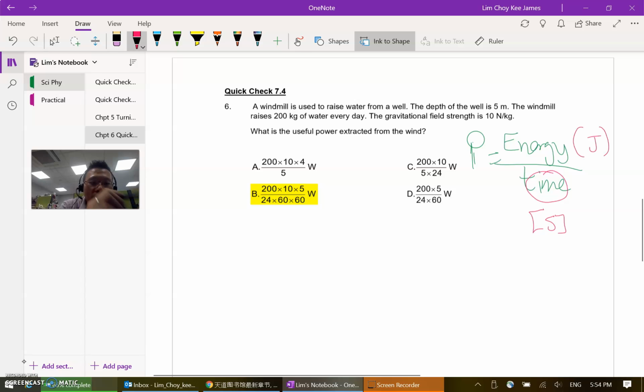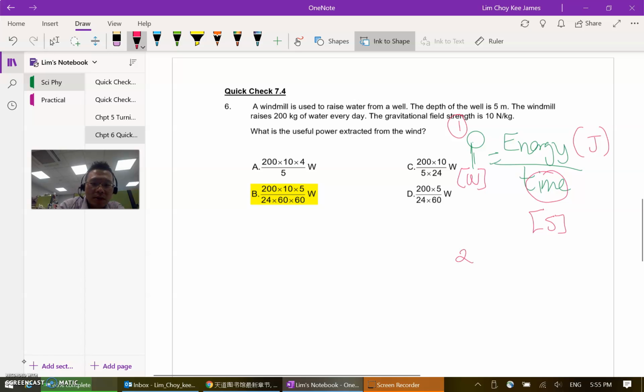Make sure if you have prefixes like kilojoules or megajoules, you convert it, or you expand the prefixes. So when your energy is in SI unit and time is in seconds, then your answer derived from this formula will be correct, because it will be in the correct unit known as watts. This is the first way that students need to be careful.